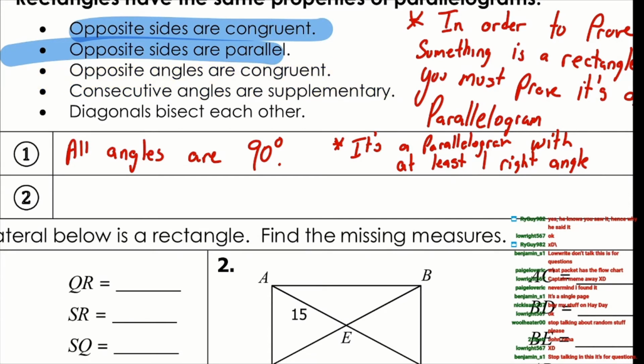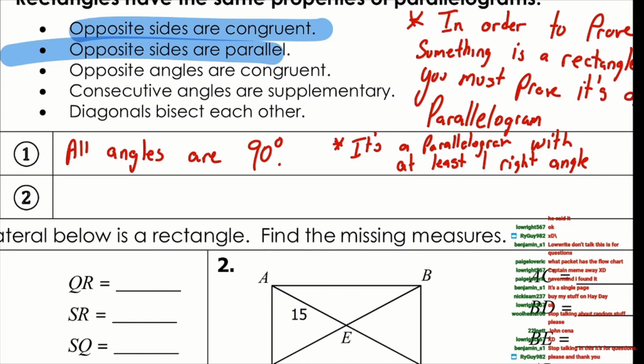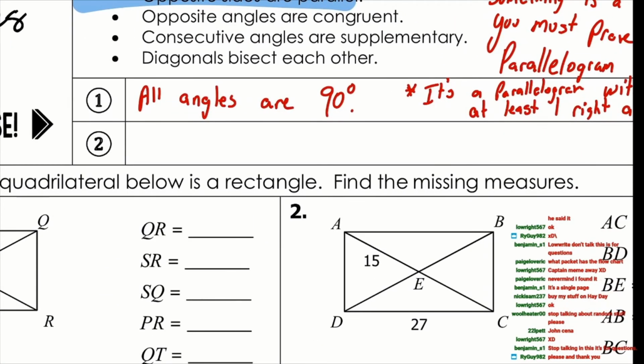Because you could see this in a multiple choice question. It might say a parallelogram with only one right angle. Well, that makes it a rectangle. So that's a good little note to keep in mind. The other property that is unique about the rectangle is going to be about its diagonals.